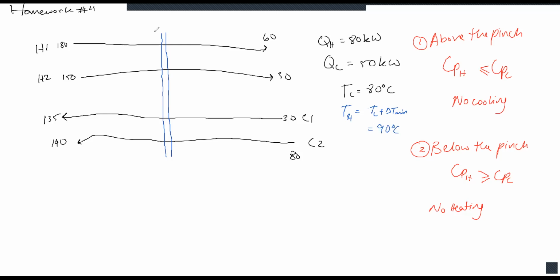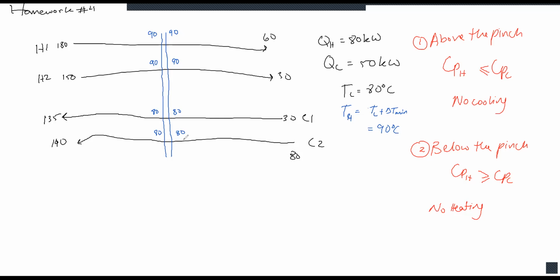So this will be 90, 90, 90, 90. This is the hot pinch for the hot streams. And then for the cold streams, for C1 and C2, my pinch point is 80, 80, 80, 80. And this is always the second step. After you draw your streams, I'm going to draw 2 lines for the pinch, and then write the hot pinch temperatures and the cold pinch temperatures.